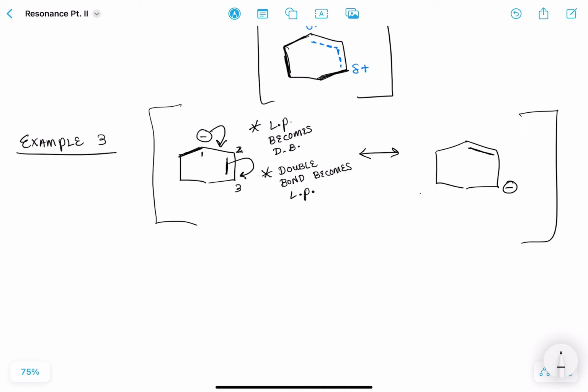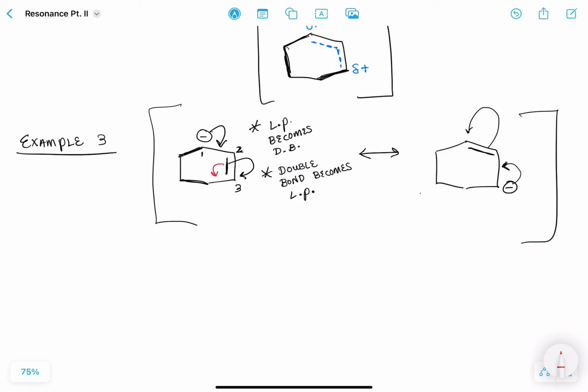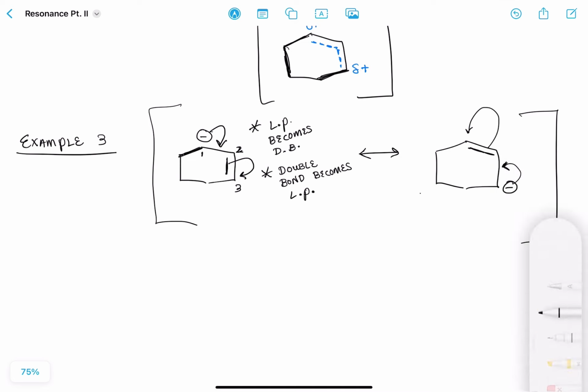And again, I could do the same thing on this one. The lone pair drops into the double bond to form a lone pair there. Again, why didn't I move the double bond over here or the lone pair over there? The reason I did not do that is because there are essentially no ways to do that, because there's a full octet on this atom right here.